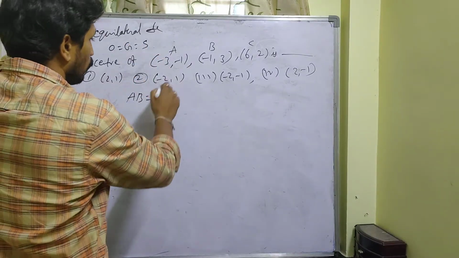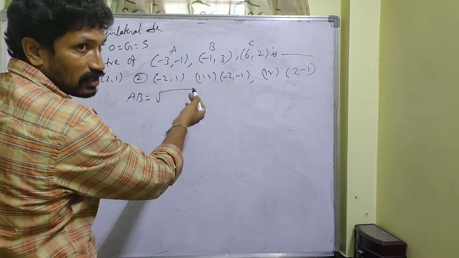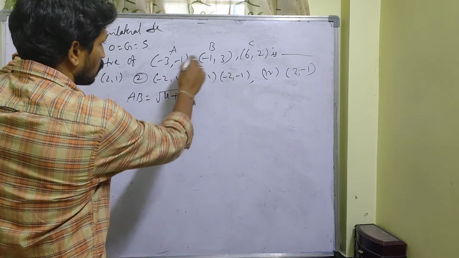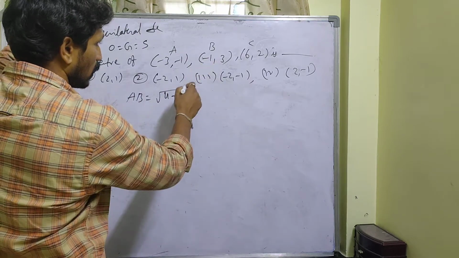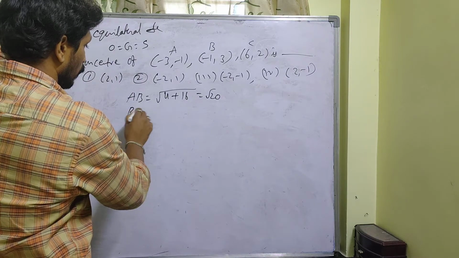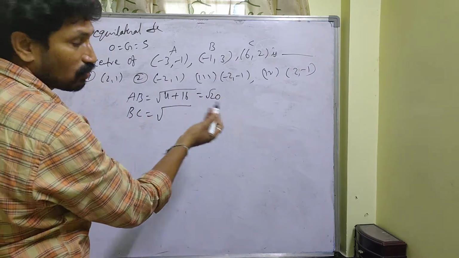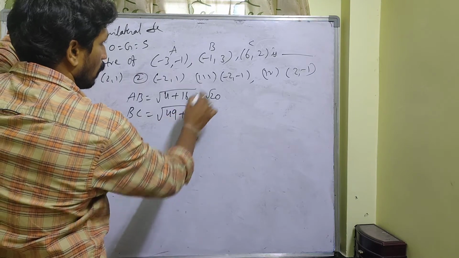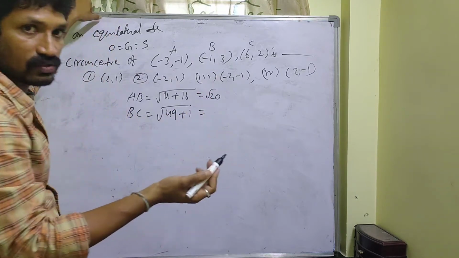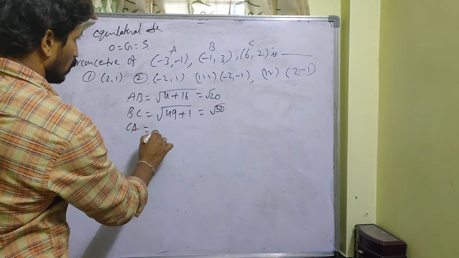So find AB: root of (minus 3 plus 1) whole square, that is minus 2 whole square, 4, plus (minus 1 minus 3), that is minus 4, 16. This is equal to root 20. Next, BC: (minus 1 minus 6) whole square, so 49, plus (3 minus 2) whole square, that is 1. This is root 50.